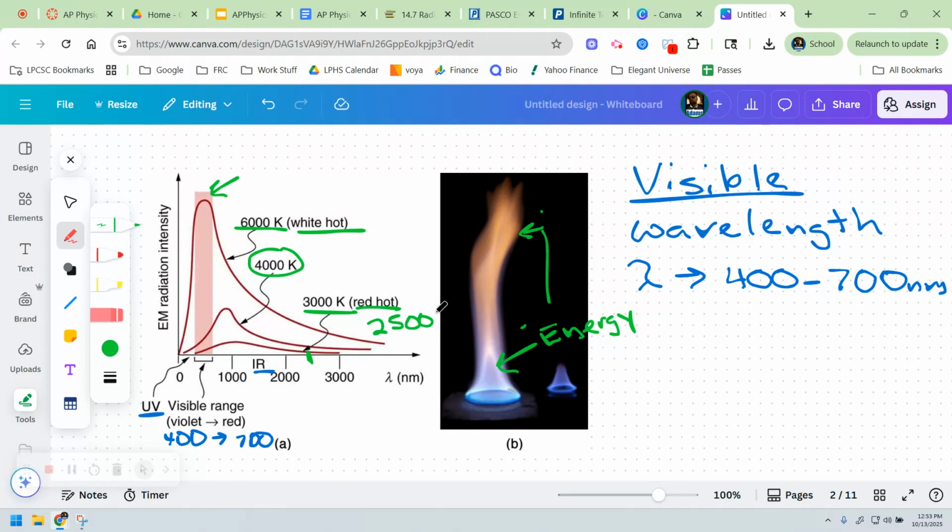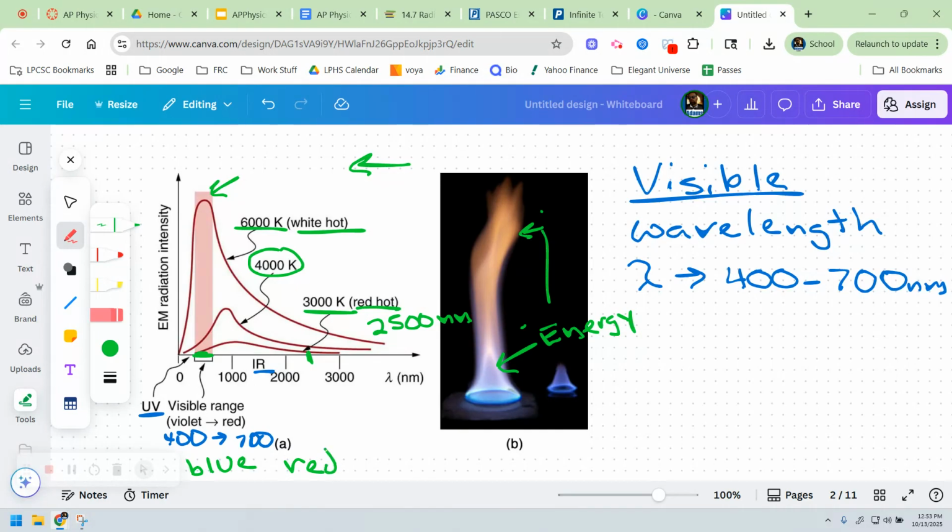But that's not what we can see. What I can see is just this right here. And then what we're doing is, the more energy it has, the more the wavelength shifts towards the blue side. So this would be kind of like blue, and this would be red.